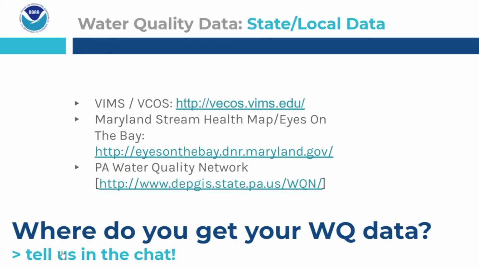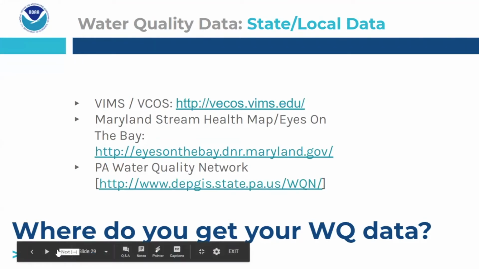Maryland has Eyes on the Bay and their stream health map that is a great resource for water quality data. And then there's the PA Water Quality Network, which is also another really good database of water quality resources. So I'm psyched to see some of these things coming in for other ideas. And we're hoping to archive those and look them up too.